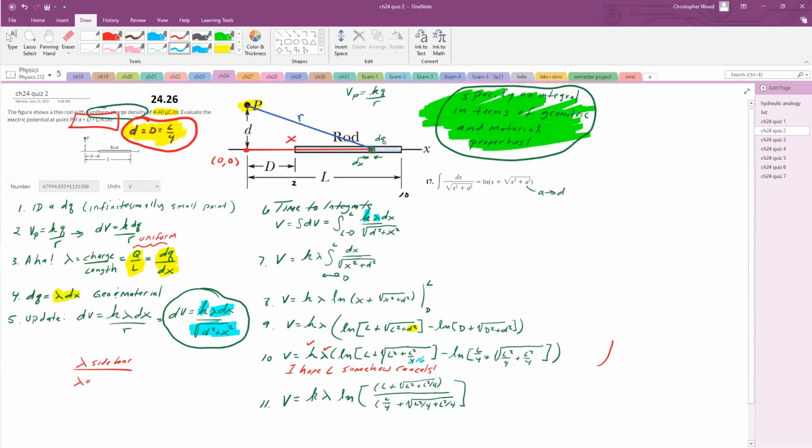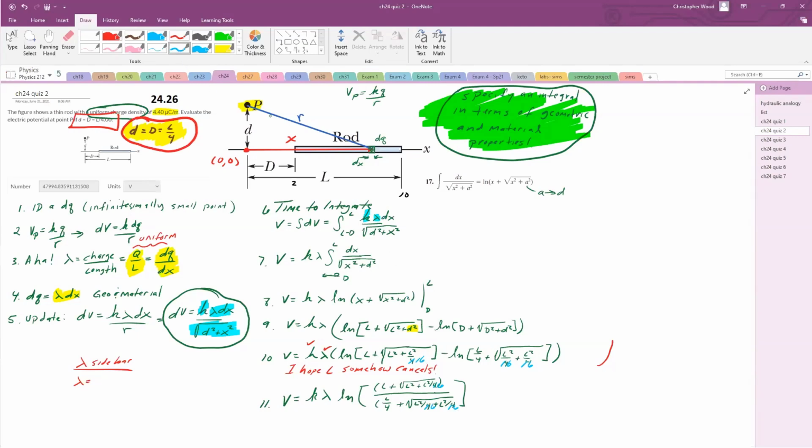And similarly, this should be L squared over 16 plus L squared over 16, which means step number 11 should become L plus, and this is 16 over here, and this is L over 4L, so there. And this is right.